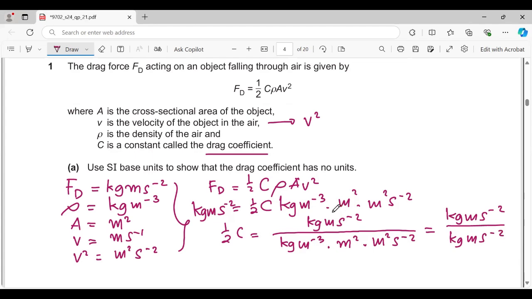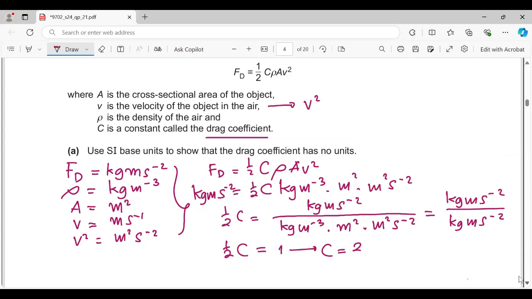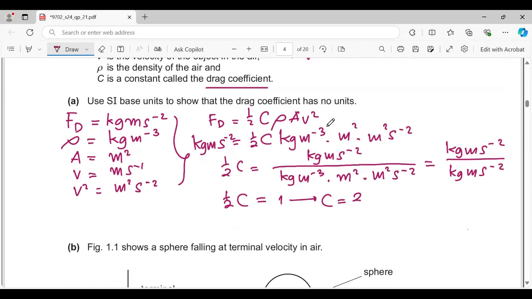Because the meters combine, the powers of minus 3 and 4 give meter. So half C equals 1, or C equals 2. A constant number without units. I think this is clear.